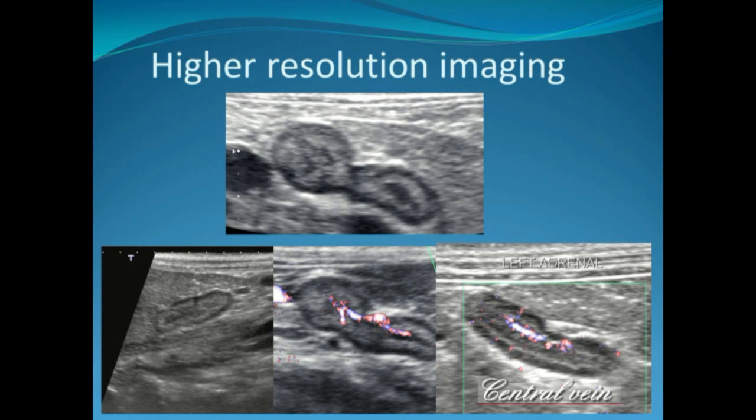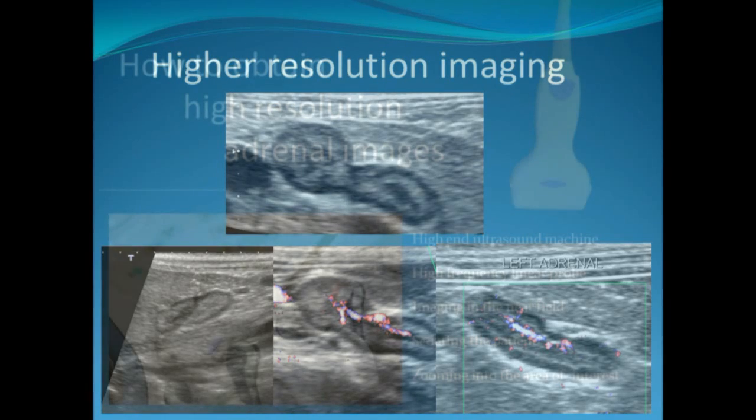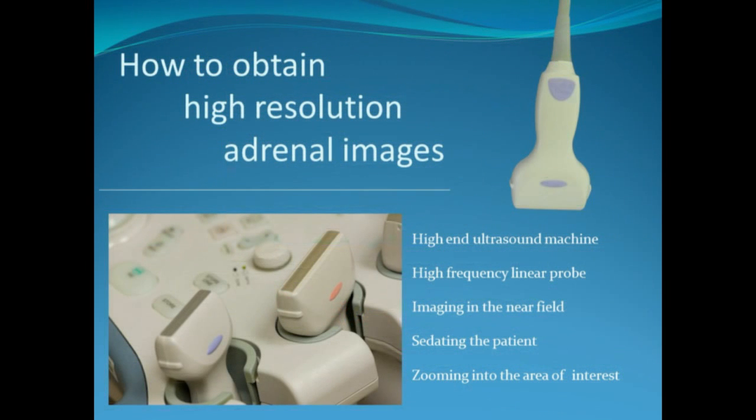Notice the layering, very much like what you would see in intestinal layering on a section of jejunum, for example. All of a sudden, you are seeing distinct layers, anatomical layers of the adrenal gland and its vascular supply. How do you get these images? Well, one of the things that you use is a high-end ultrasound machine.